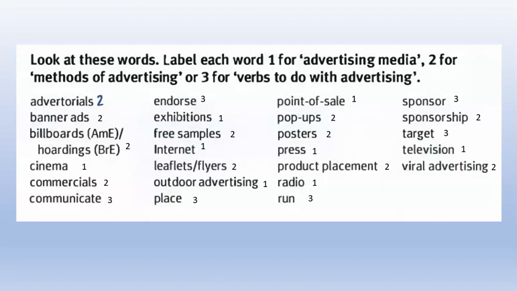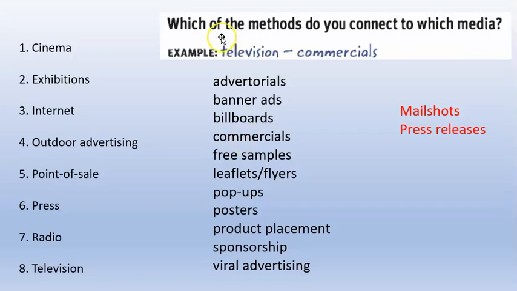let's consider the different advertising media: cinema, exhibitions, the internet, outdoor advertising, point of sale, press, radio, and television. Okay? Think about these media. Which of the methods do you connect to which media?